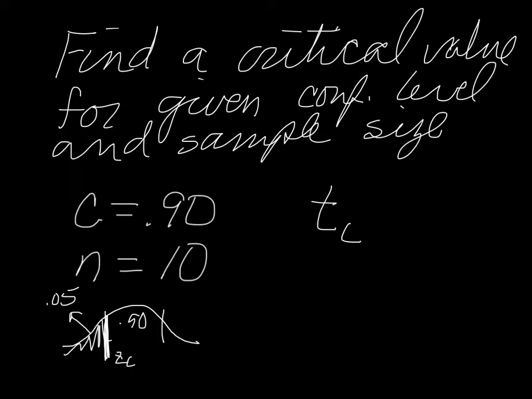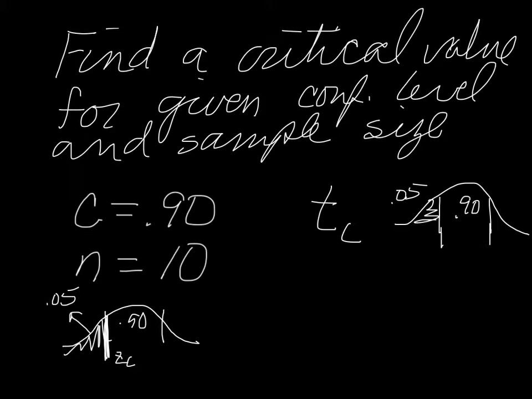That's what we did before. Well, what's the same? The t-distribution is also bell-shaped. We're essentially going to have 90% in the middle and 5% on each end.